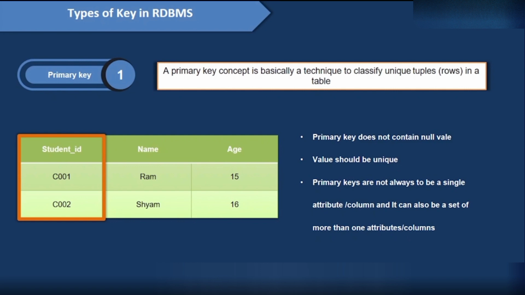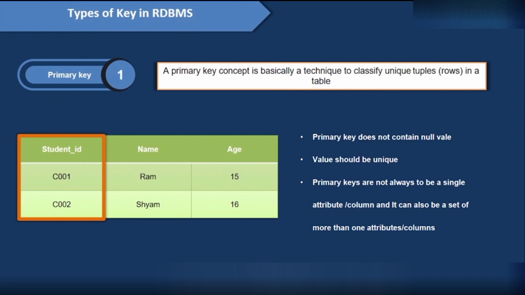Whenever you use primary key concepts for your data set, you have to make sure which column makes your data more unique. Student ID is not going to be the same for any student. It will always be different for different students, right? So this column can be your primary key.